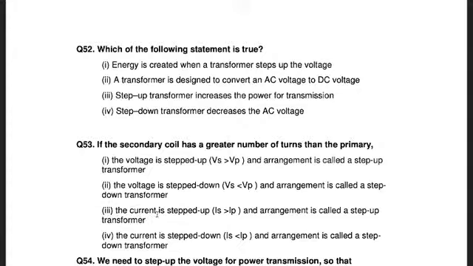Option 3, the current is stepped up, Is greater than Ip, and the arrangement is called a step up transformer. Option 4, the current is stepped down, Is less than Ip, and the arrangement is called a step down transformer. Very good. Option 1 is the correct answer. The voltage is stepped up, Vs greater than Vp, and the arrangement is called a step up transformer.